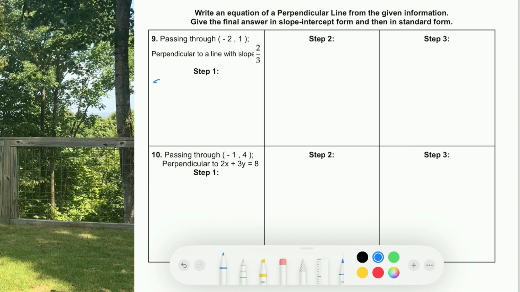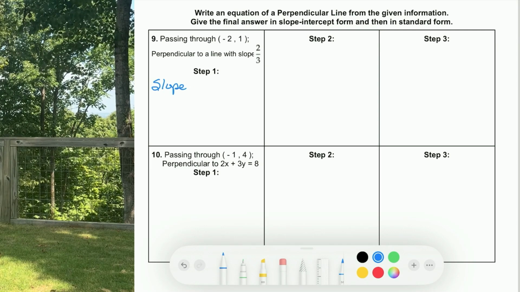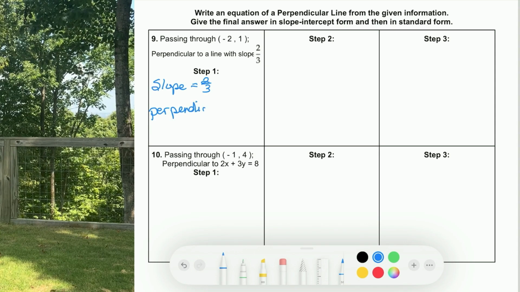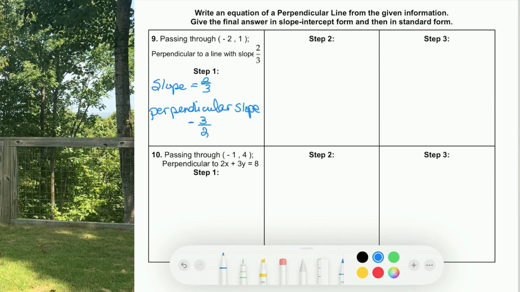Okay, so the slope is 2/3. But our perpendicular slope, we need to do the reciprocal, which is 3/2, and opposite sign. So it's going to be negative. This is the slope we will use.